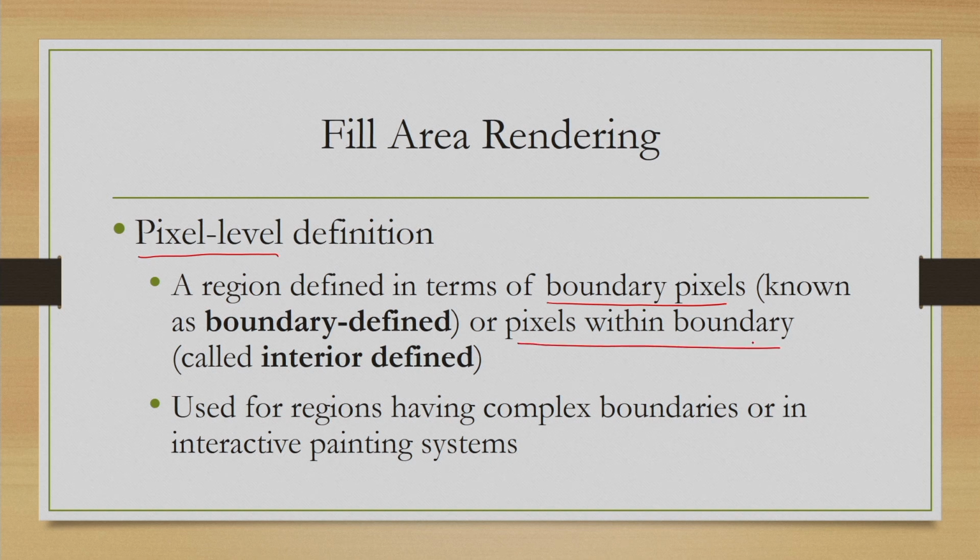In the first case, when we are defining a region in terms of boundary pixels, or the set of pixels that define the boundary, such a definition is called boundary defined. In the other case, we do not explicitly define a boundary, but a set of pixels that defines the whole region. In that case, we call it interior defined.